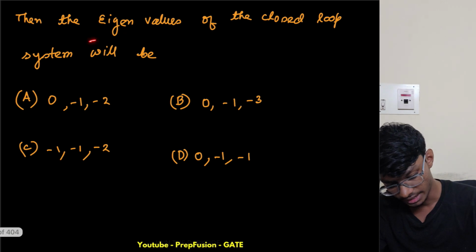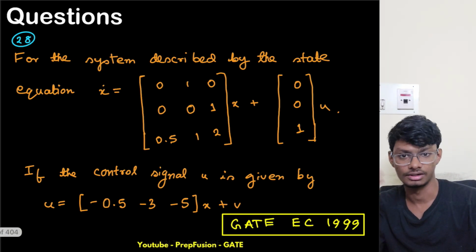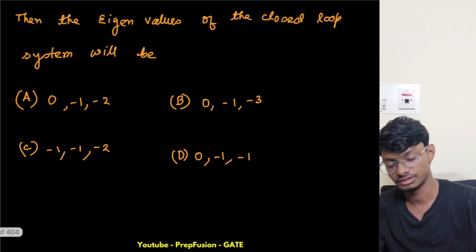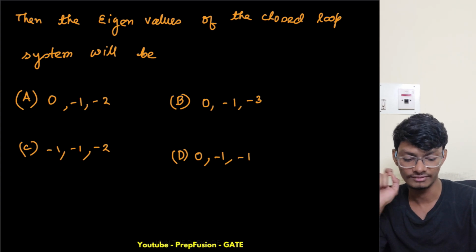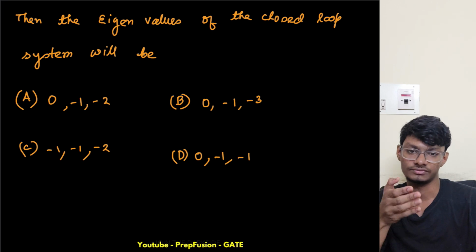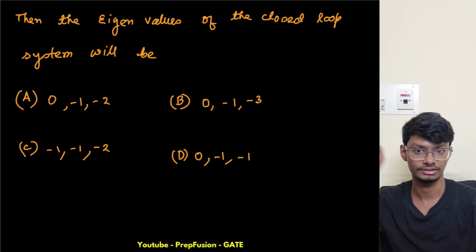Then the eigenvalues of the closed loop system. The confusion is that it didn't tell us anything about v. What does this question mean by eigenvalues of the closed loop system? Basically, you have to find the poles of the transfer function. Eigenvalues are poles of the transfer function, which I explained 2-3 lectures ago.